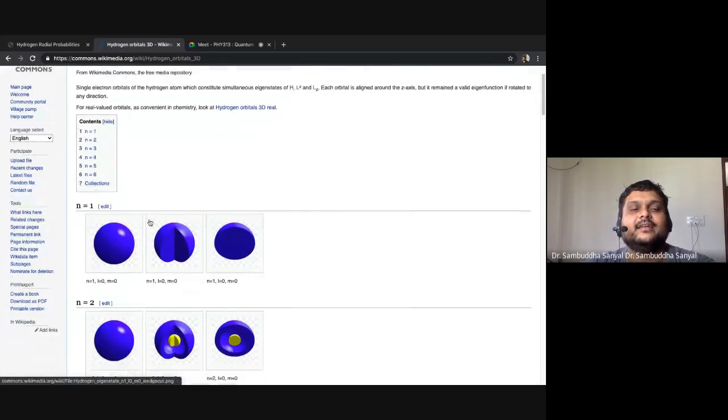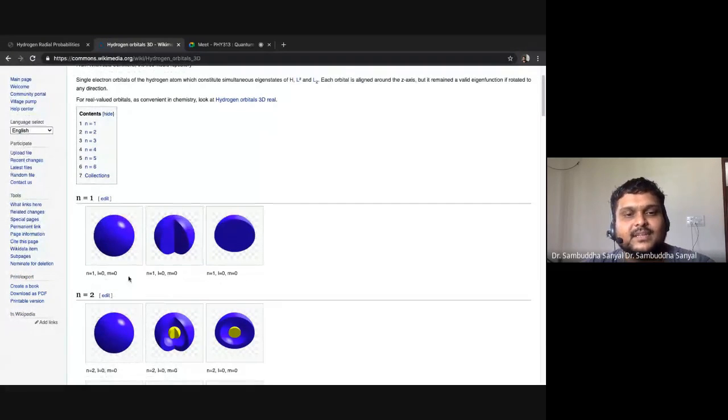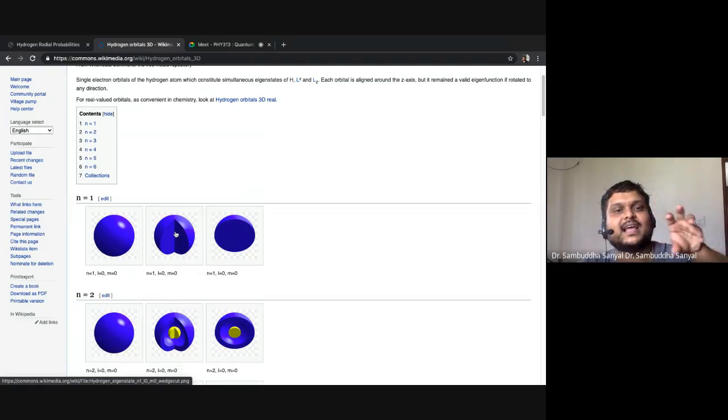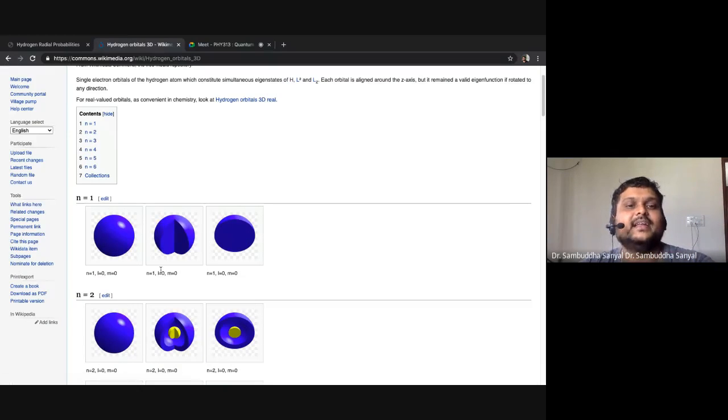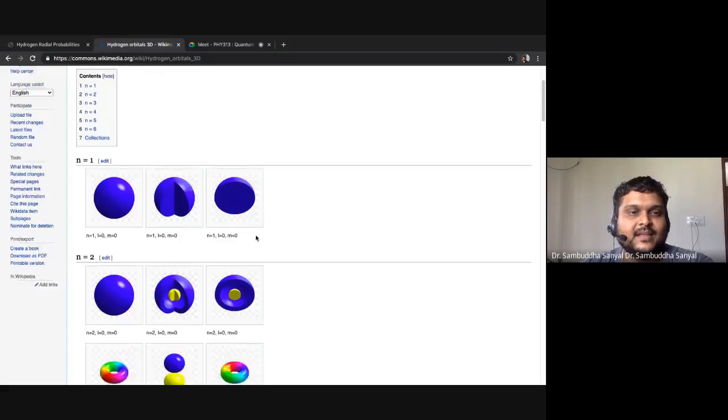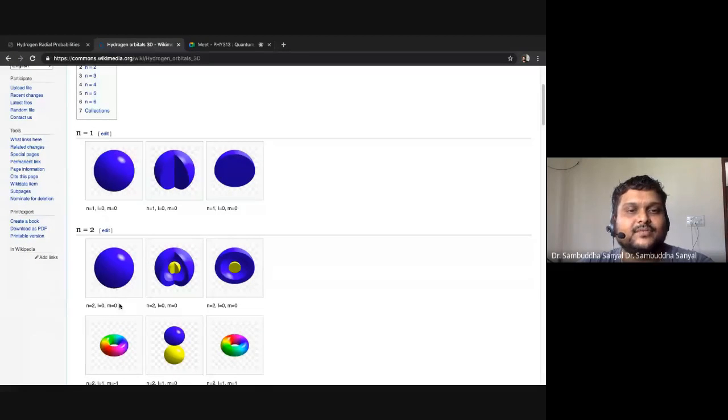So this solution is of course a fully symmetric solution. If you look at this, they did a three-quarter slice of the solution, and a half slice of the solution. This is how the n equal to 1 solution looks. For the n equal to 2 solution, if you slice it, you will find another shell-like region in the middle.